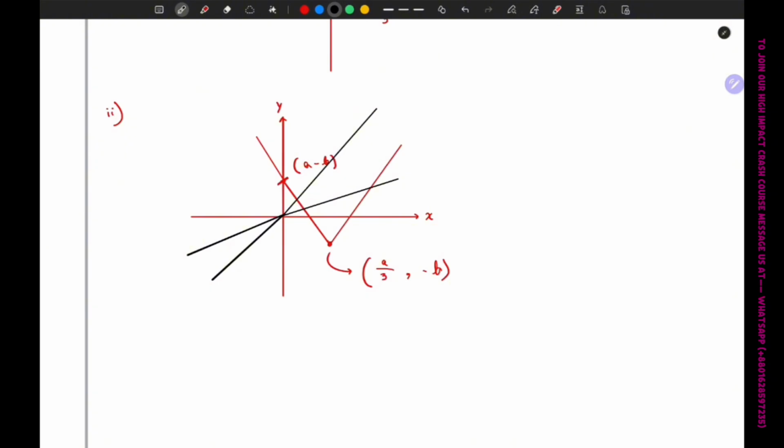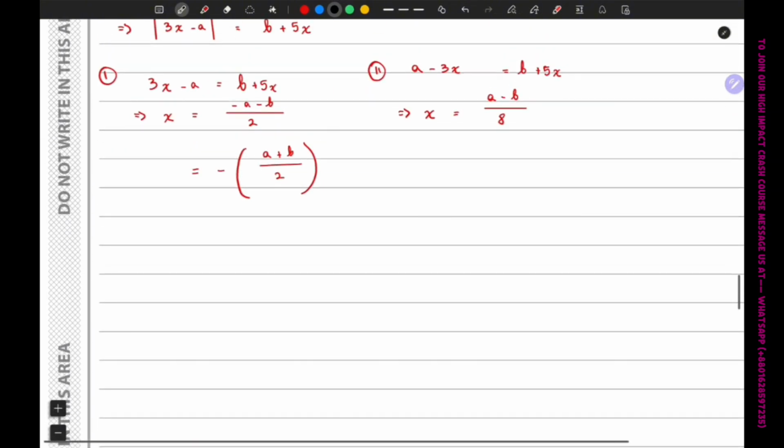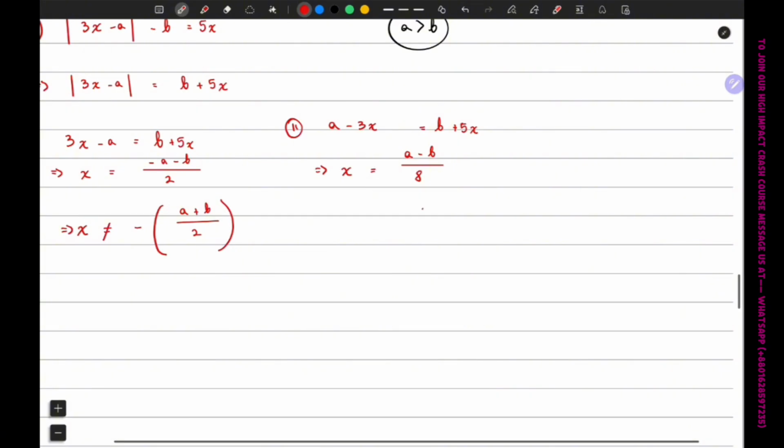You can think of it like this, that the graph may look like this. This can be y equals 5x, or this can be y equals 5x. Neither of these graphs intersect in these two quadrants. So you can say that x cannot be negative a plus b over 2. So the only solution is this one.